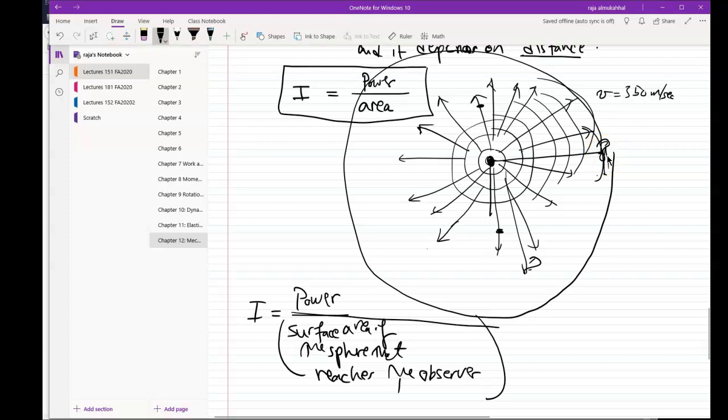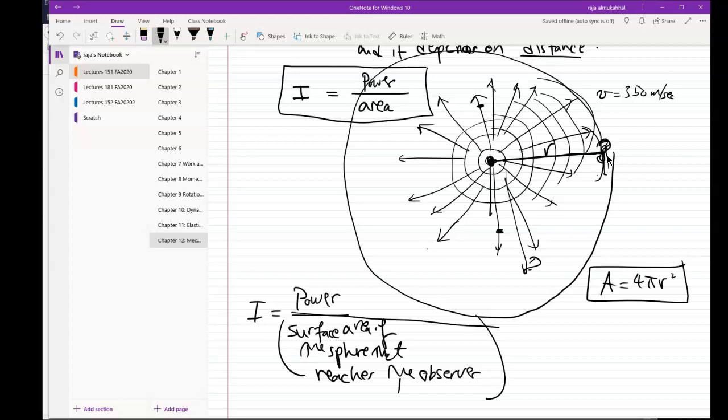I'm not talking about volume. The area of a circle is pi r squared. The surface area of a sphere, we're going to call it A, is equal to 4 pi r squared, where r is the radius, which is right here, until it reaches the ears of the observer. That's r right here.